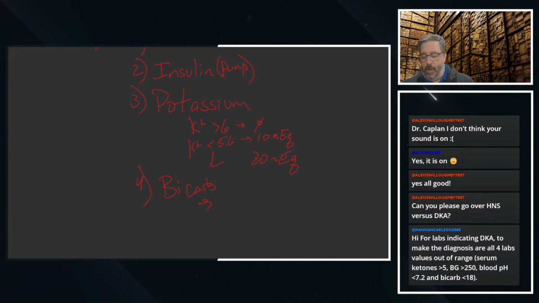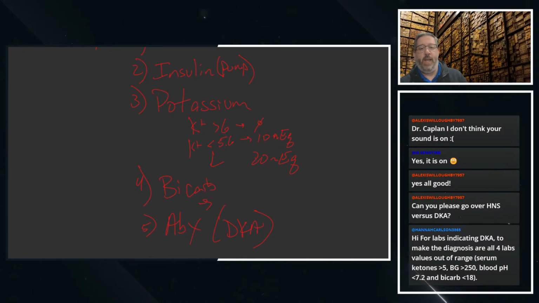And then finally, the last level of treatment, if they need it as you go through your treatment plan, is antibiotics if they're having any sort of underlying infection, especially those DKA patients. They may have an underlying infection that triggers their whole cascade of events.